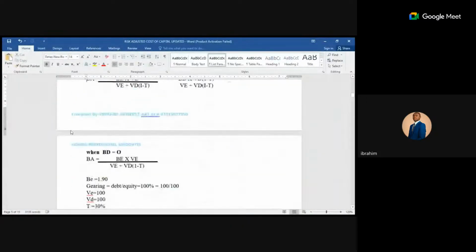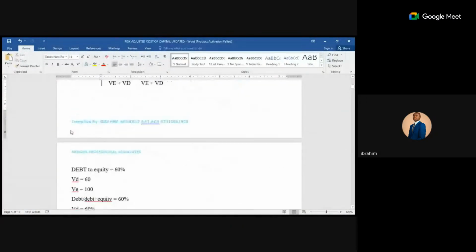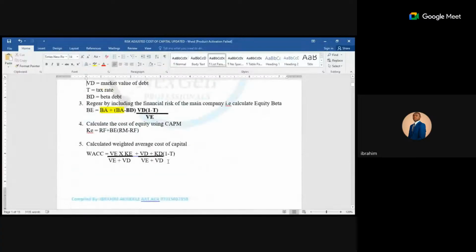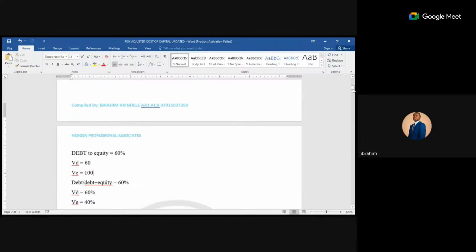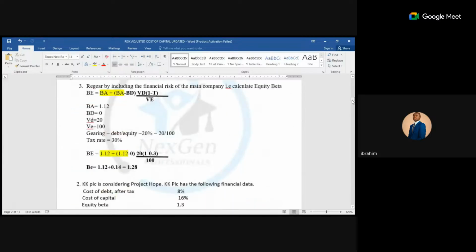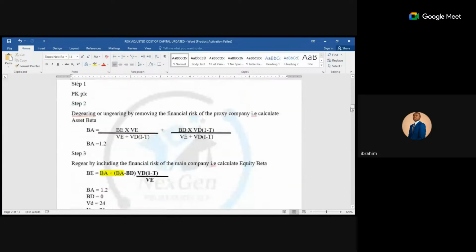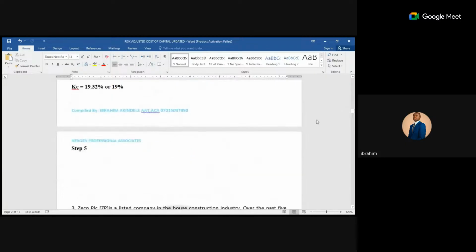Weighted average cost of capital, right? Cost of equity, value of equity times cost of equity divided by value of equity. You can also use the total, still get the same figure.